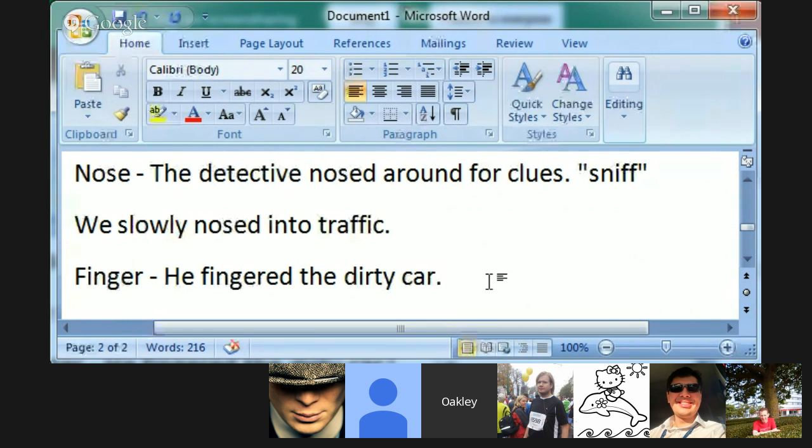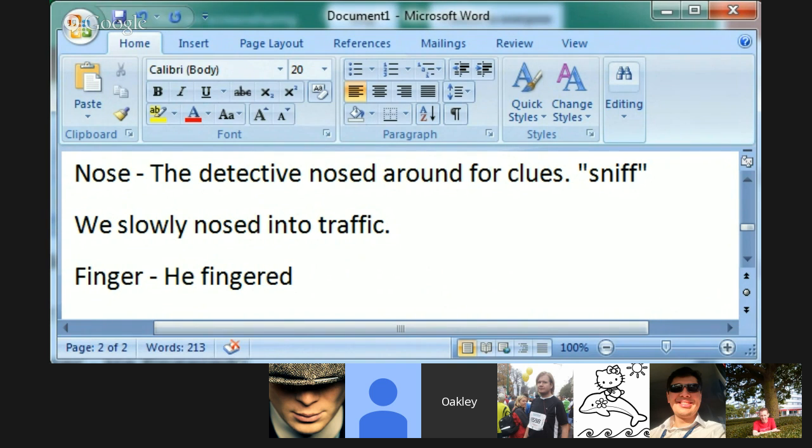Or when people check for dust, they check the table or something, and they look at their finger to see if there's dust. Nope, he checked for dust with his finger. We wouldn't use it that way. Okay, so let me see if I can help you out.